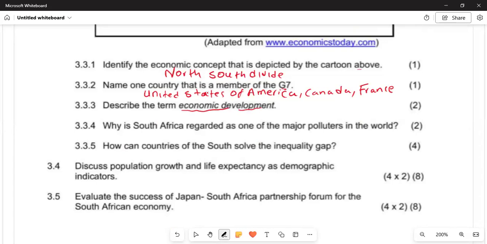Describe the term economic development. So economic development is an increase in a country's real gross domestic product per capita over time.